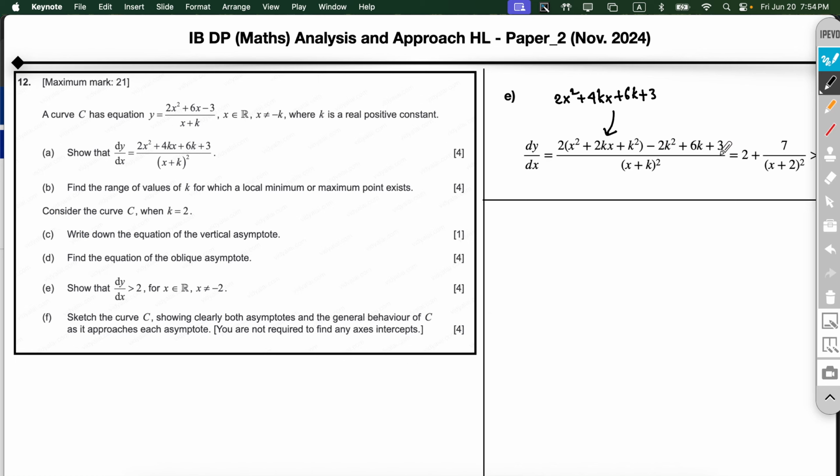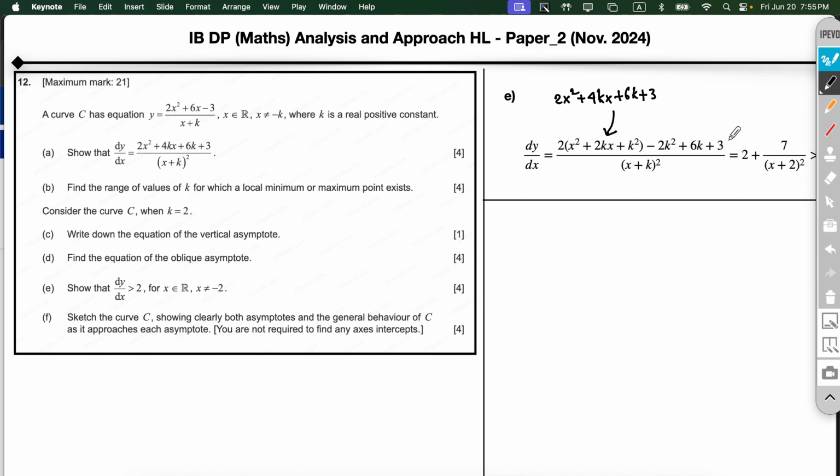So when we divide by x plus k whole squared, we get 2, and then we have plus some function of k divided by x plus 2 whole squared.